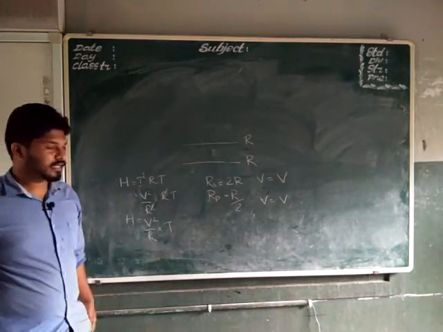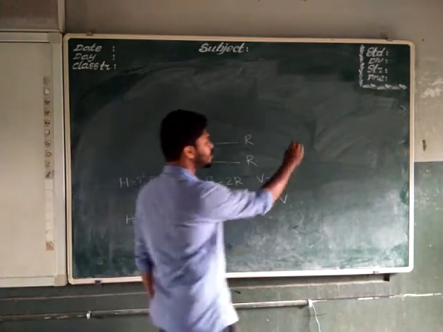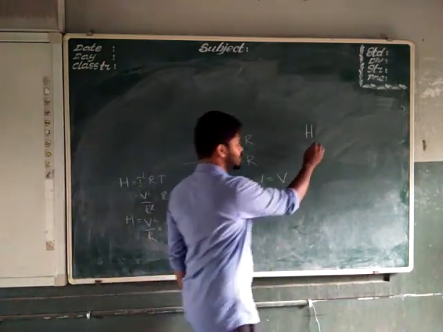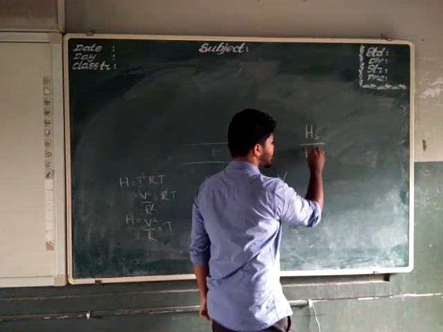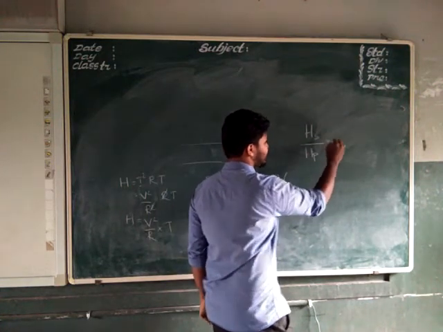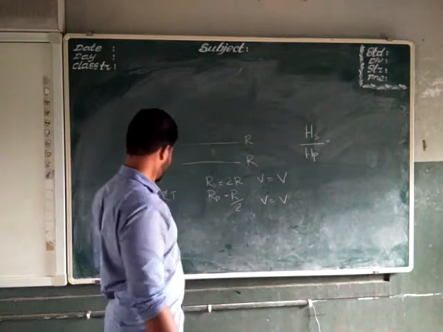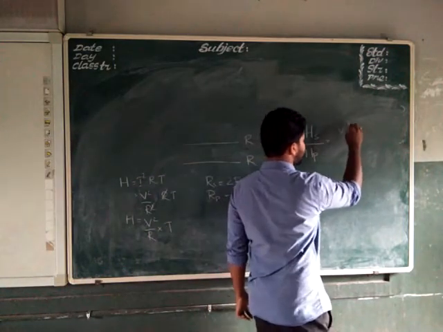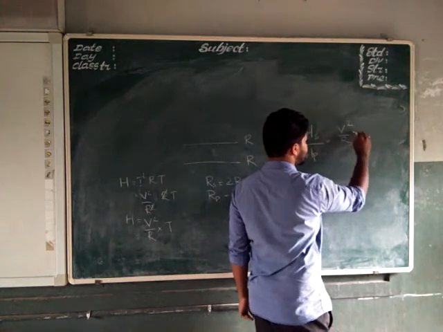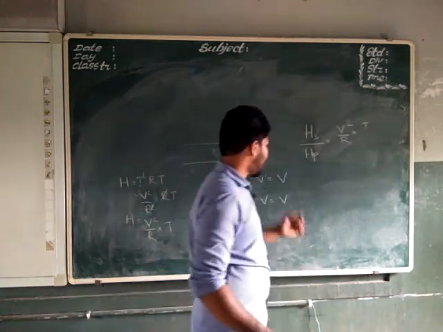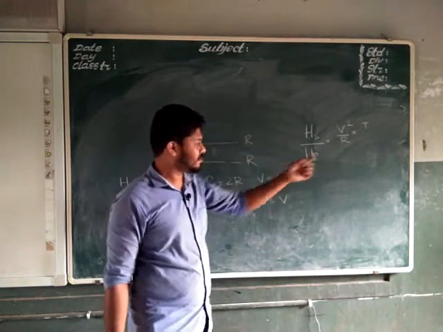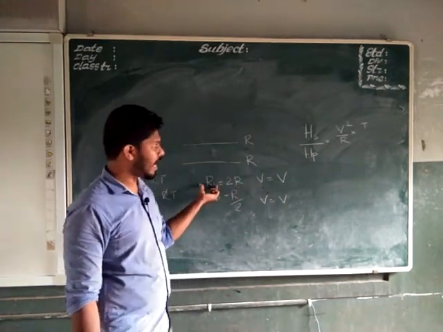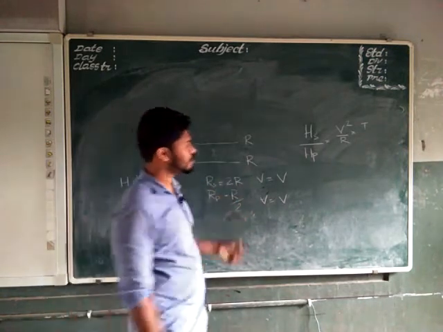Okay. In the next step, we have to compare the heat produced in the case of series to the heat produced in the case of parallel, Hs by Hp. See, Hs is V square by R into T. As it is in series, we have to give the value of R. Rs is equal to 2R.